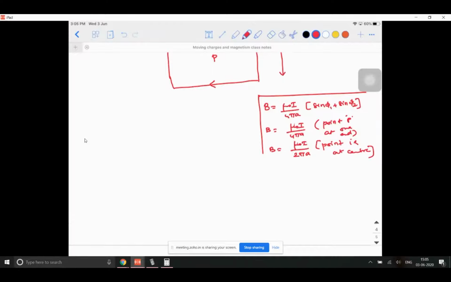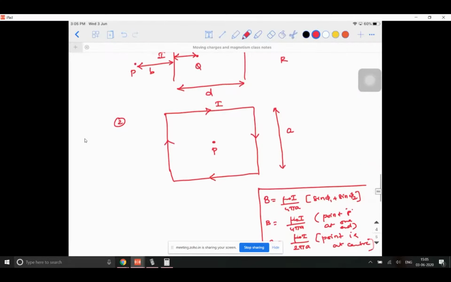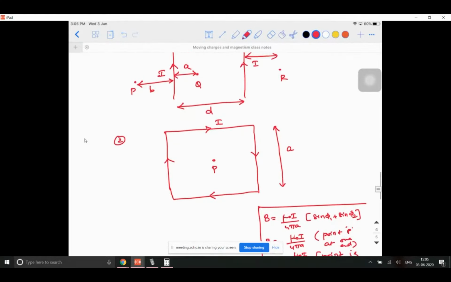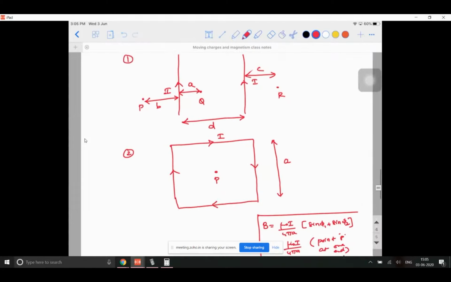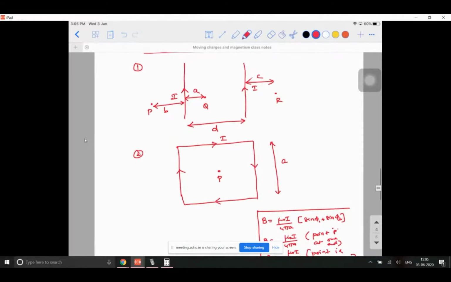So these are all the formulae. Now how you are going to apply them, you have to think. So just copy these diagrams first.